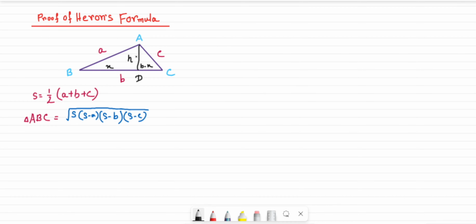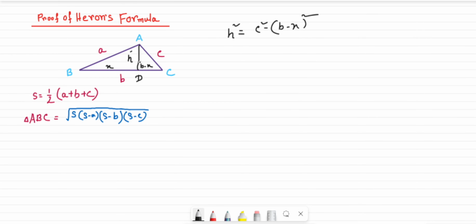Now see, if we look into this figure, we actually have two right angle triangles. One is ADC and one is ADB. H is the common side of both of these triangles, right? So we can write H square equals C square minus B minus X whole square. See, this is the height, this is the base.